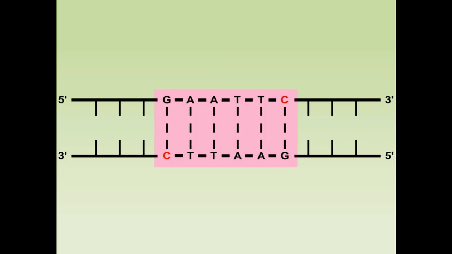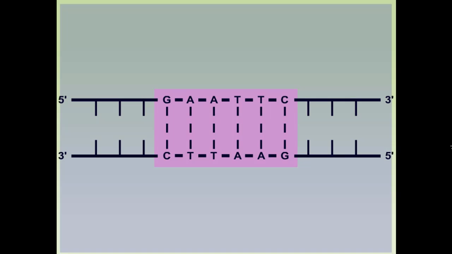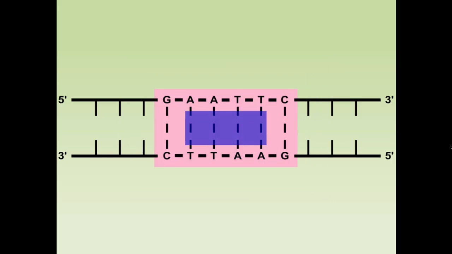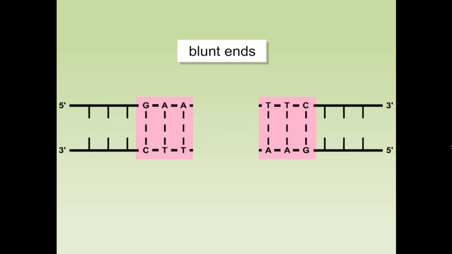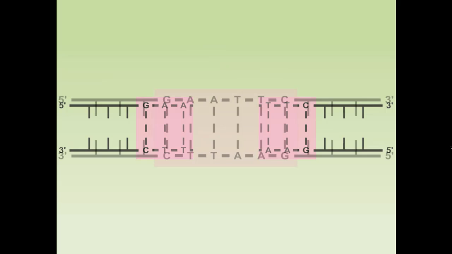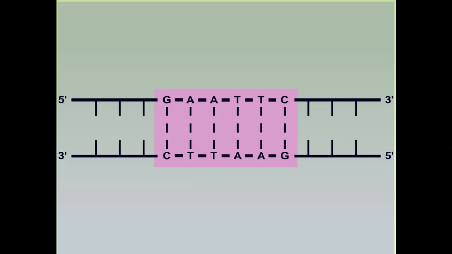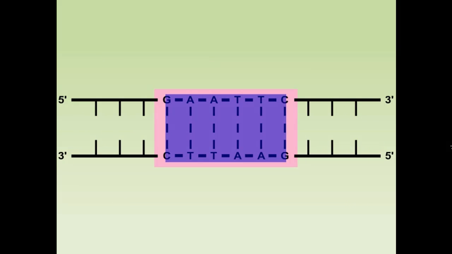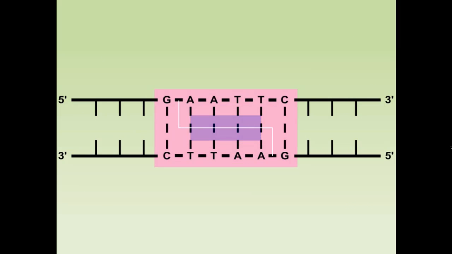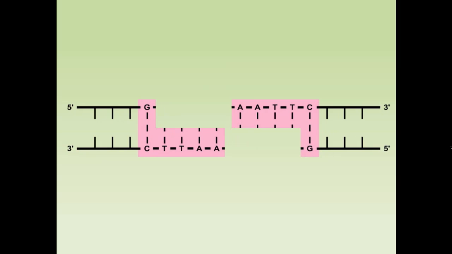Certain restriction enzymes cut both strands of the identified sequence of DNA in places located precisely opposite to each other. In such a case, the so-called blunt ends are created. However, the majority of restriction enzymes cut both strands of the identified sequence in locations shifted in respect to one another. The formed fragments have single-stranded, so-called sticky ends.